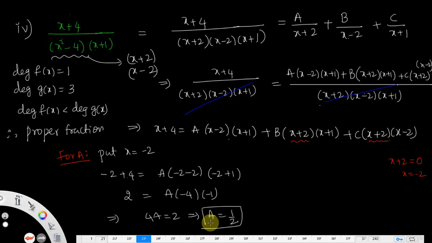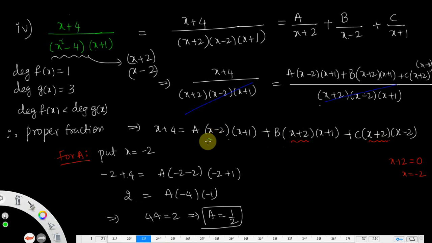And then for the value of b, what we have to do is a simple thing. You can observe the expression. So b has to be found the same way. For finding the value of b, keep it as the same, then the remaining a and c become 0. Just observe that a has x minus 2, x plus 1, and c has x plus 2 into x minus 2.